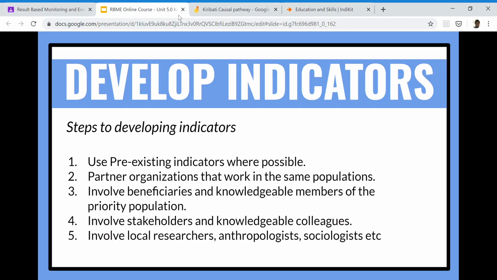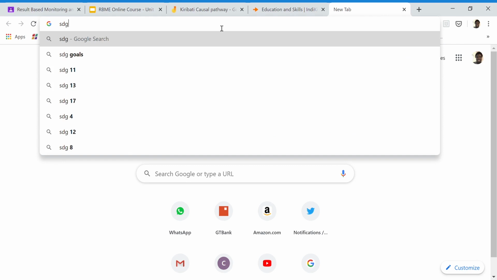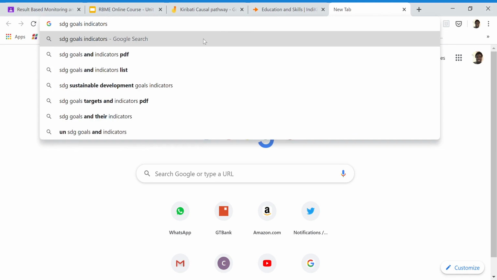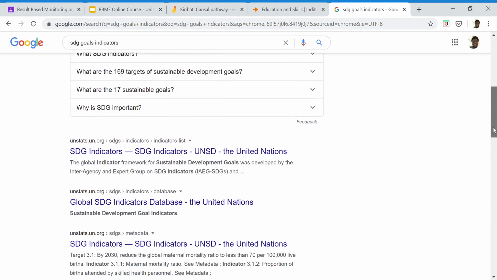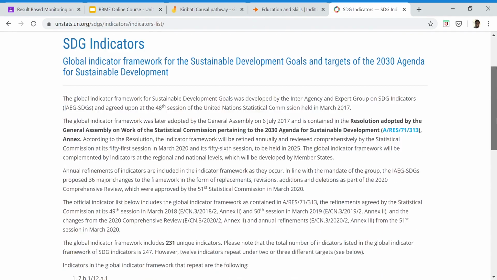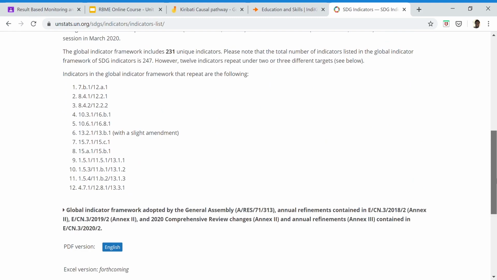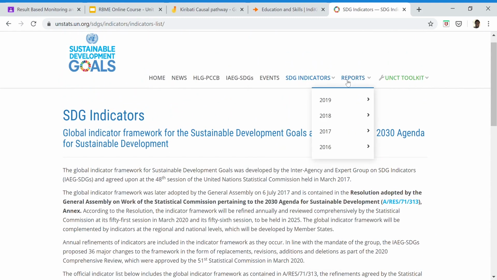So you can use pre-existing indicators where possible, and you can also search for the SDG goal indicators. If you Google and check it out, there's a list of all indicators that you will need for each of the SDGs.